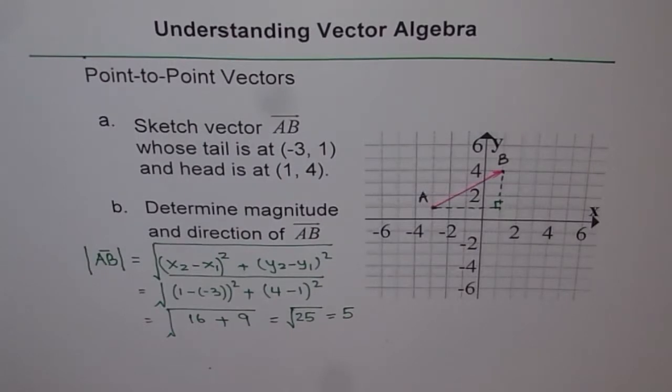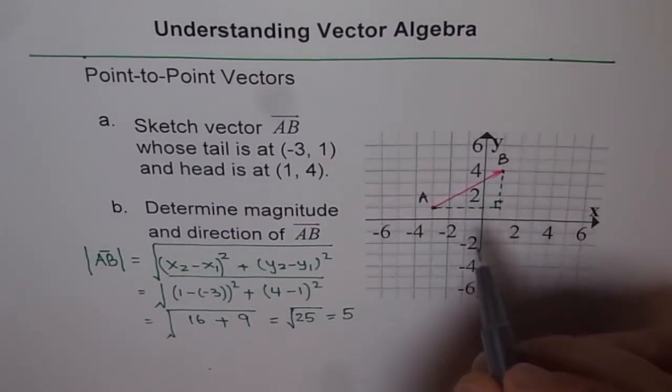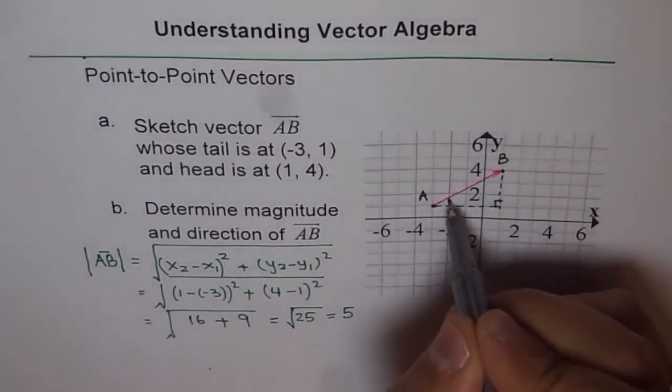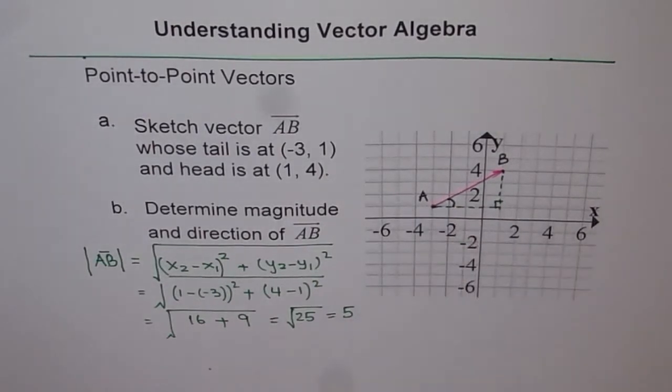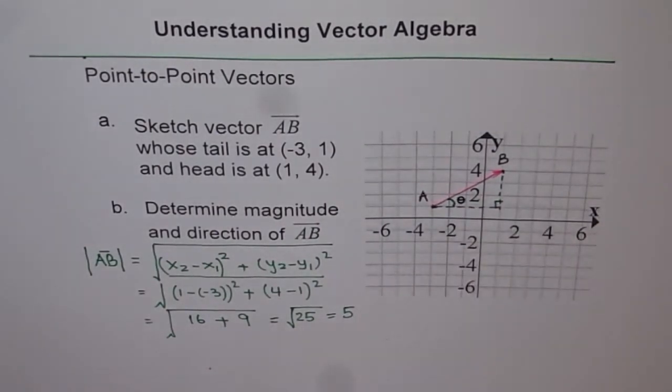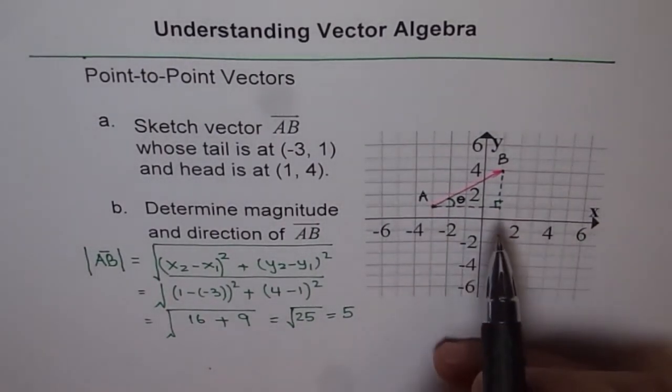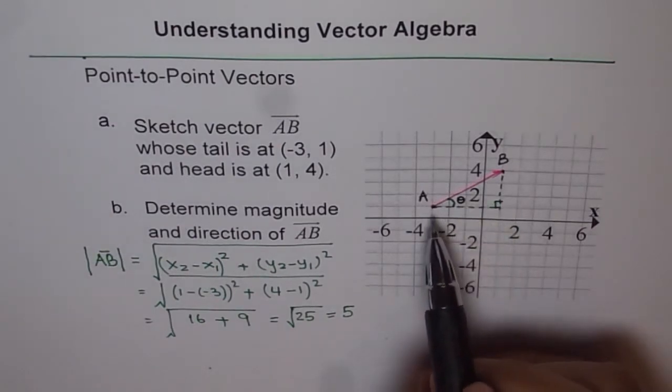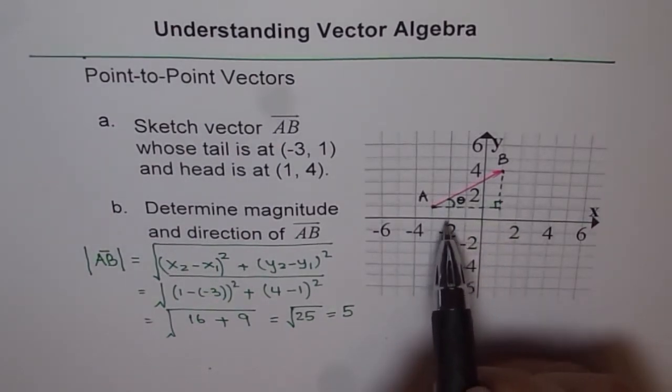Now let's see how to find the direction, the second part of part B, the direction of AB. For that, we need the help of what we learn in trigonometry. Direction we can give with an angle. So let's say this angle here is theta. Finding direction is, in a way, saying what this angle is with the horizontal.